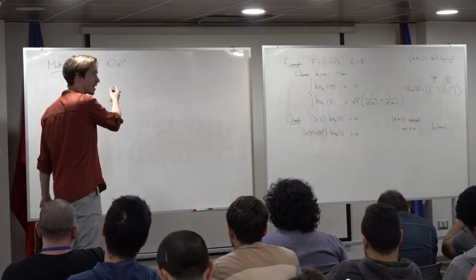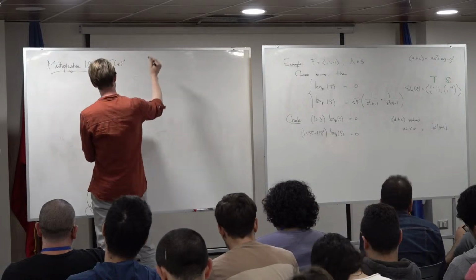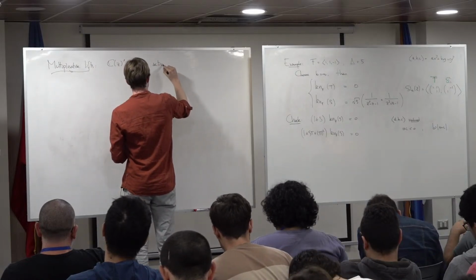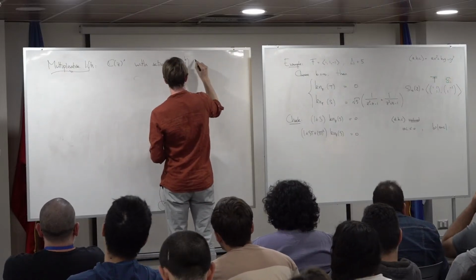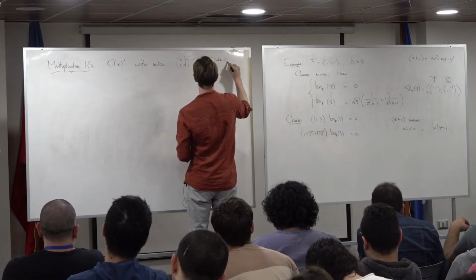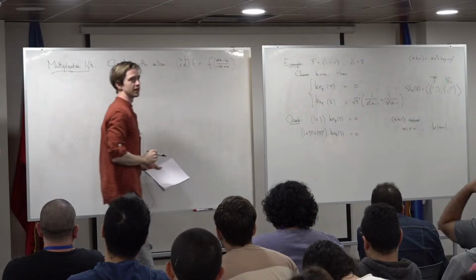So it's still the same rational functions, but I take only the non-zero ones, and I take the group law to be multiplication, not addition. And the action will be the weight zero action. So meaning if I take A, B, C, D, and I act on F, that's the same as F of (dz minus B) over (minus cz plus a). No automorphy factor here. So weight zero action.